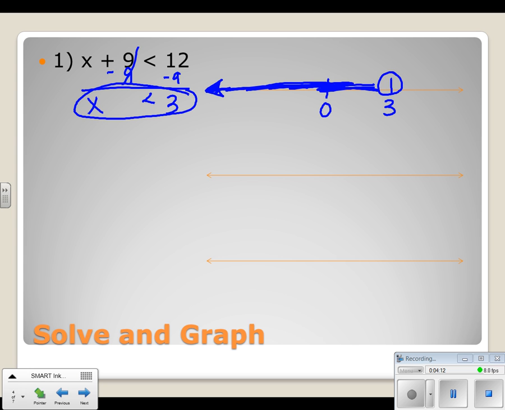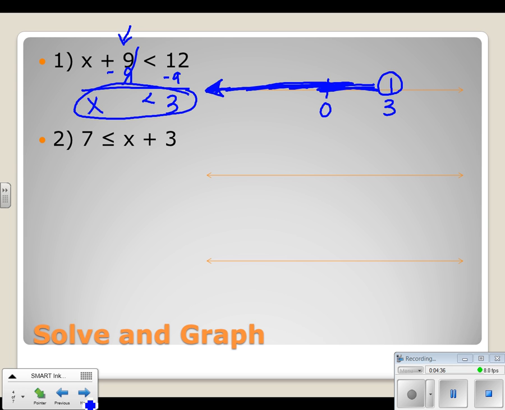So if we put 0 in for x in our inequality, 0 plus 9 is 9, and 9 is less than 12. Put in another number that's shaded, like negative 10. Negative 10 plus 9 gives you negative 1, and negative 1 is less than 12. So that is how you can check your work.